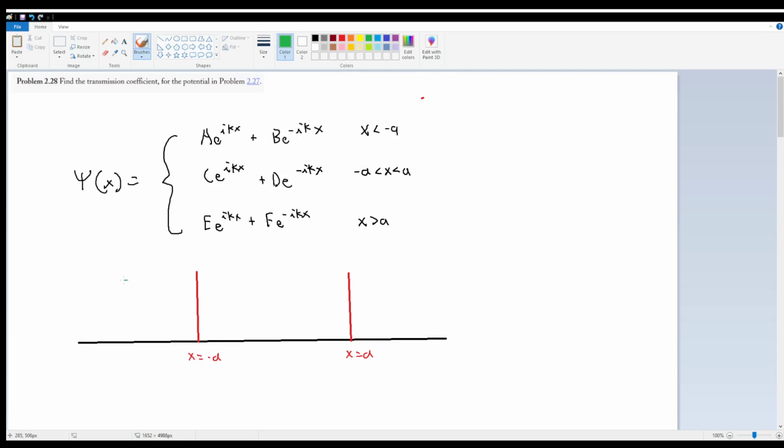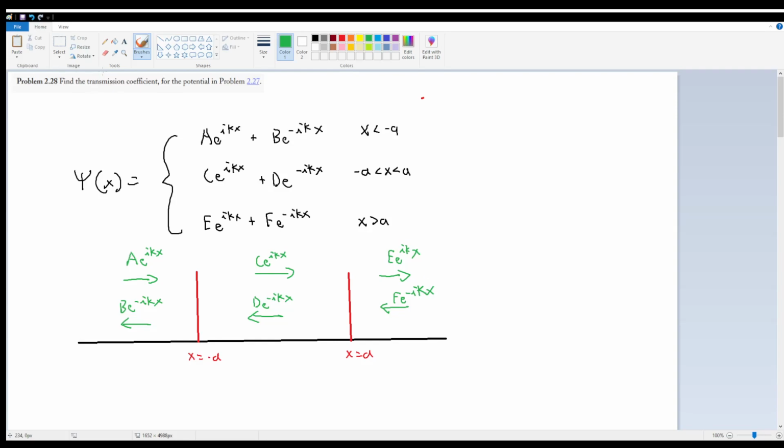So we have a forward wave going from left to right, A e to the ikx. We have a backwards wave going from right to left with B e to the negative ikx. Similarly, C e to the ikx describes a wave in the middle going from left to right, and then D e to the negative ikx is a wave in the middle going from right to left. And then finally on this side we have E e to the ikx, and then F e to the negative ikx.